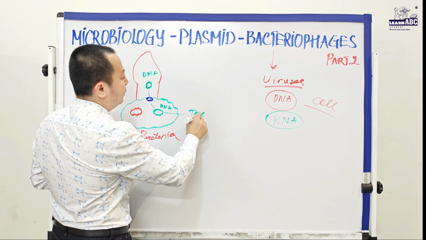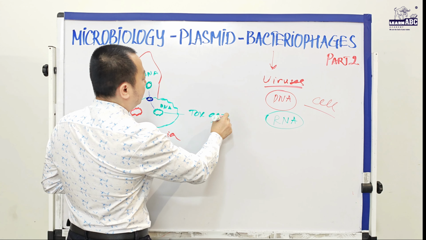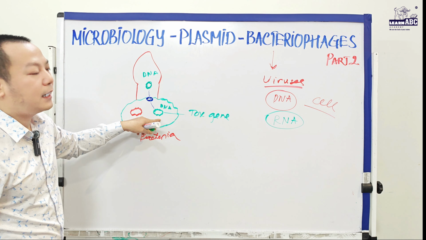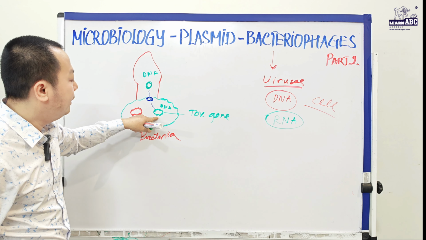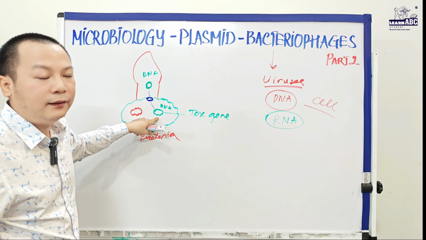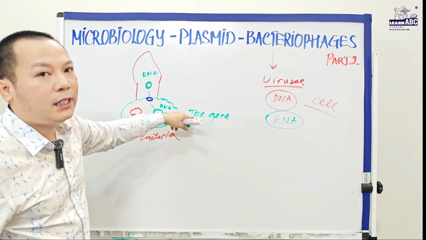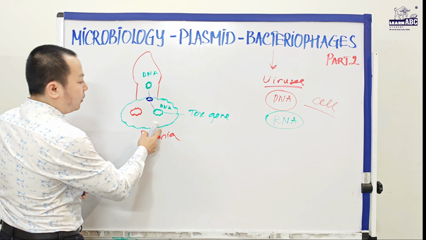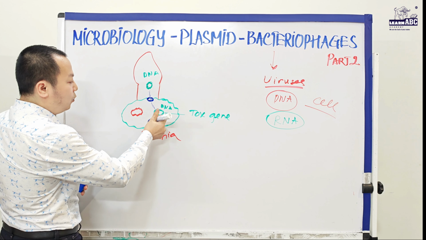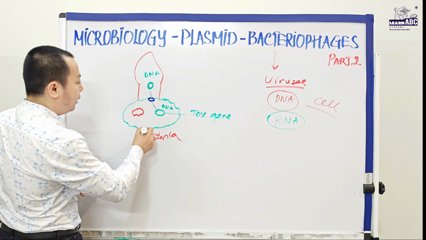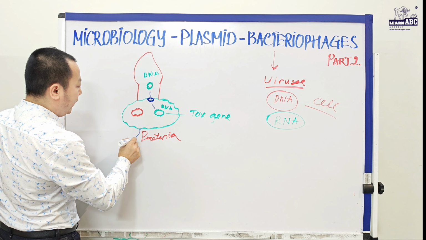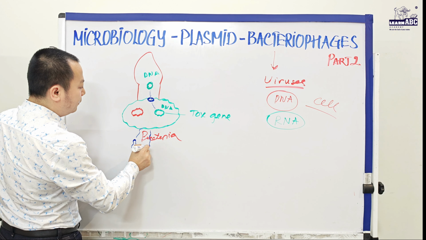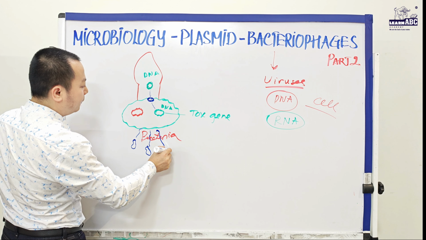This tox gene has the ability to express itself. When it expresses itself, this bacteria has the ability to secrete one type of protein.